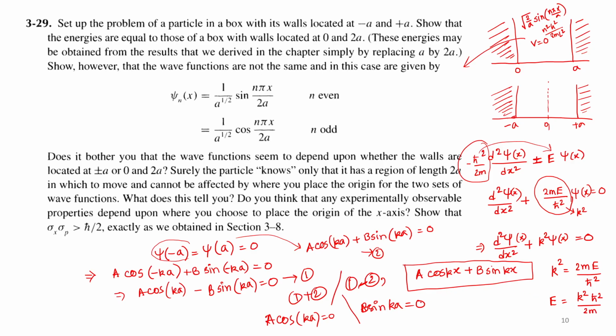Now you can see from here that when B sin ka is 0, I'll write it in a little better way here, because it doesn't look good. I'll go back here a little later, but just from these boundary conditions, let us get the value of k.